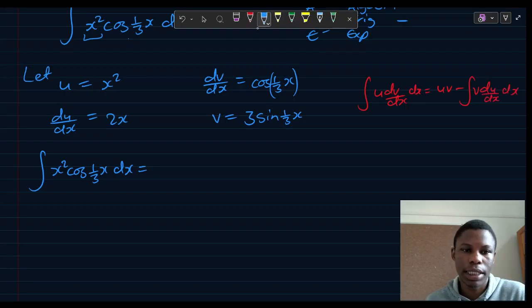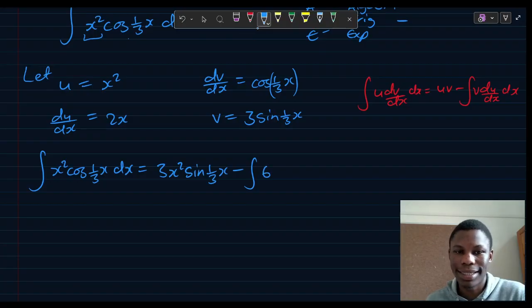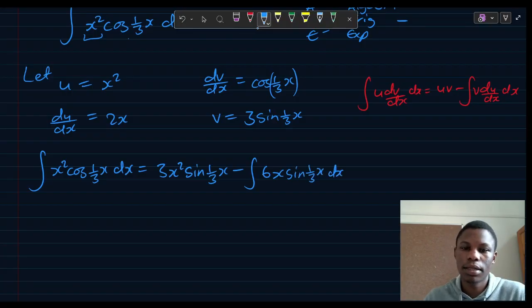So in our case, that's uv, which is 3x squared sine 1/3 x minus the integral of v du. So 2x times 3 sine 1/3 x, which is 6x sine 1/3 x with respect to x.